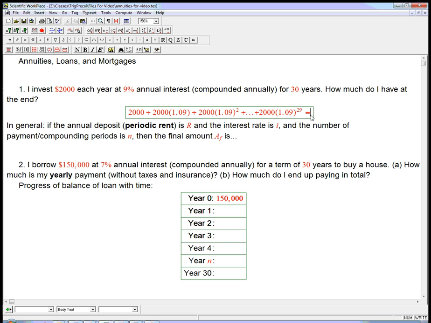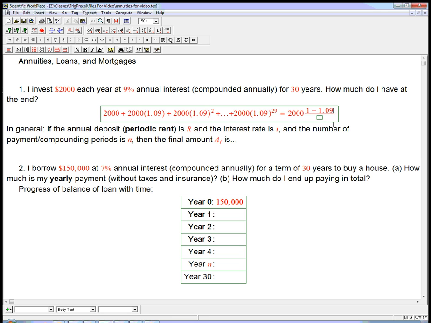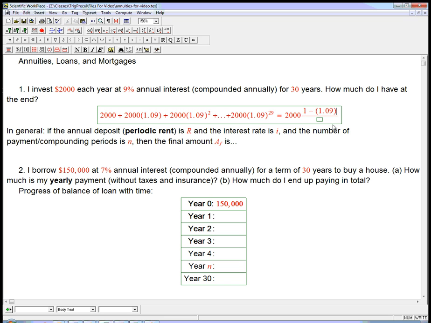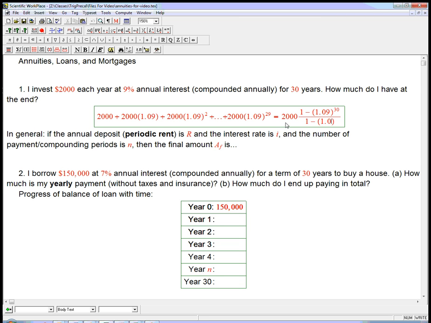And this is a geometric series. It's a sum of a finite geometric sequence. The first term is 2,000. The ratio is 1.09, so we get 1 minus 1.09, which I like to put in parentheses, especially for what follows, to the next power over 30, and then 1 minus 1.09.